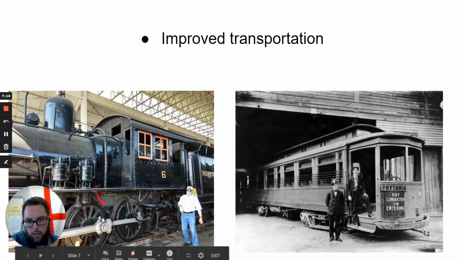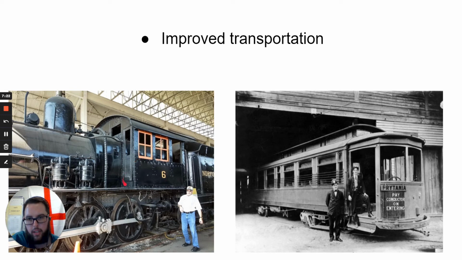But this train would be a coal burning, steam powered train, and this is where your coal would be stored. Your coal is here, you shovel it into the engine here, right, and this is basically like your boiler. And so this was the cutting edge technology by the 1800s.